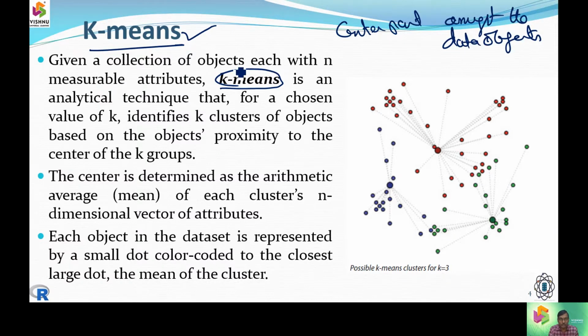Here we have some objects with n attributes, and we need to find out how many clusters there are. We need to identify the proximity distances within the cluster, so that it can be taken up.